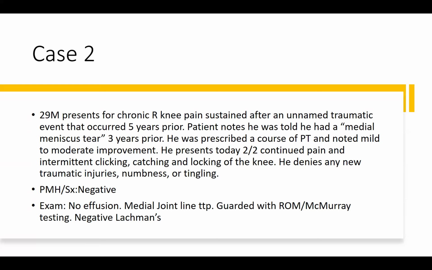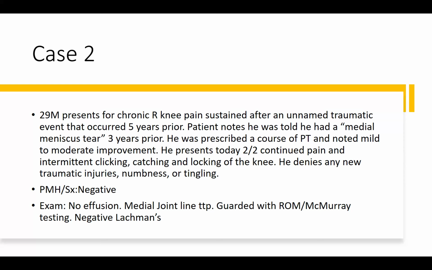Following the MRI, he was prescribed a course of physical therapy, noted mild to moderate improvement, but denies complete resolution of his symptoms. He presents today due to continued pain and intermittent mechanical symptoms of the knee, including locking, clicking, and catching. He denies any new interval traumatic injuries, numbness or tingling to the extremities.